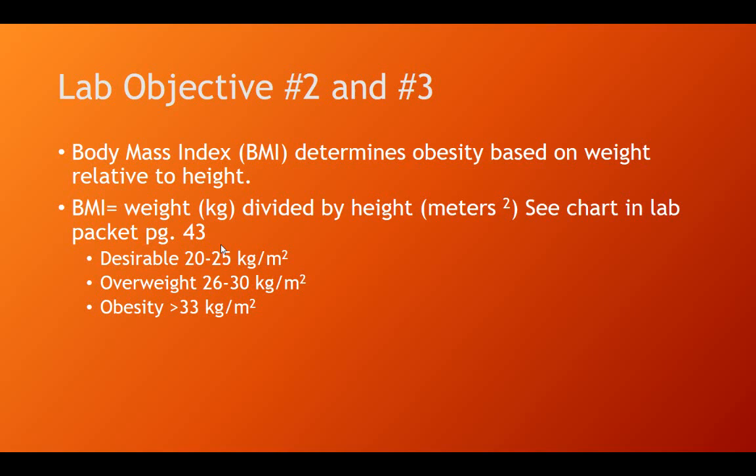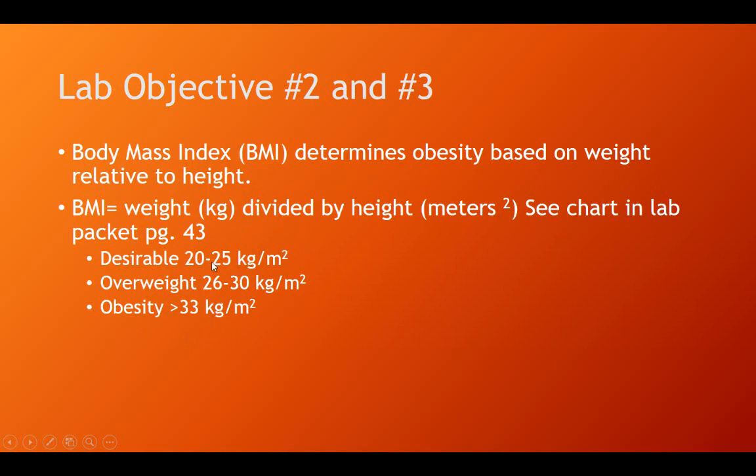But when we look at this, what I'm really interested that you know in your lab packet is what is in bold where it says desirable. So if you look in your lab packet, you'll see these, but this is the one that I want you to know right here. I don't care that you know the numbers by heart for overweight and obesity, but what would you want your patient desirably to be in this BMI?